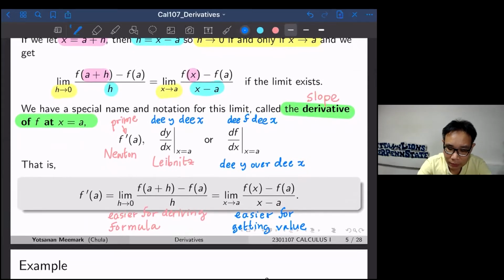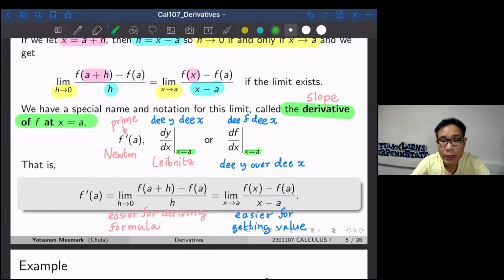We're going to use this notation for the whole calculus course: f prime of a, dy dx, df dx. And if you'd like to indicate the point, you use the bar and x equal to a to indicate the point that you are finding the derivative at.